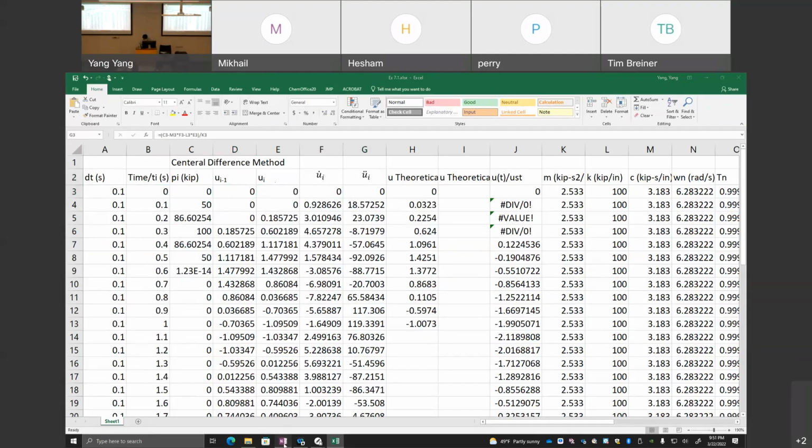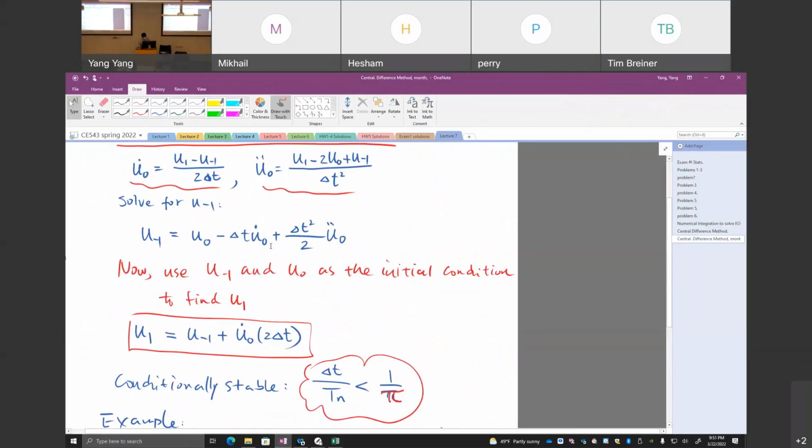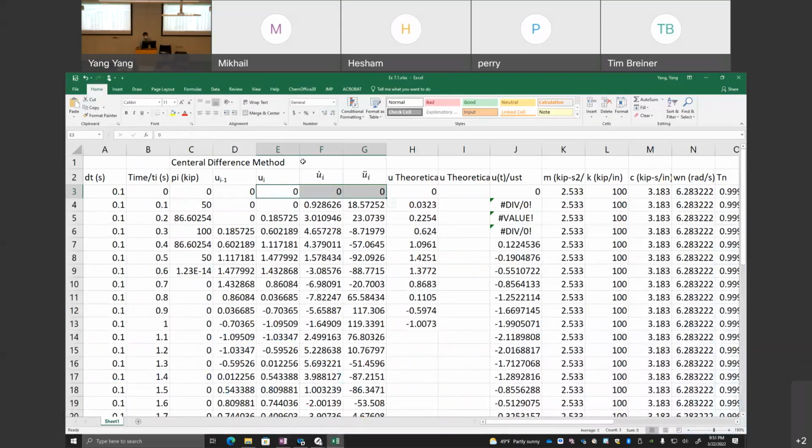Remember, u(-1) should be equal to u0 minus delta t times the velocity plus delta t squared over 2 times the acceleration. So if we know the initial numbers, we can just input the initial numbers over here.